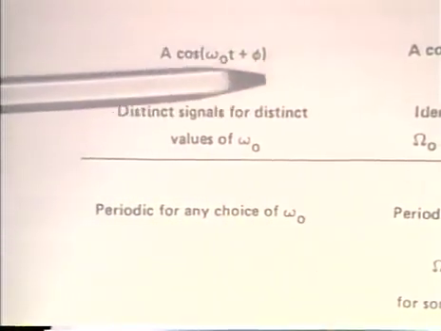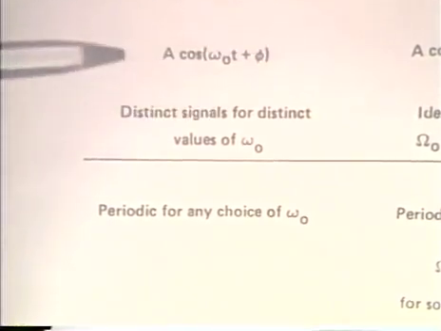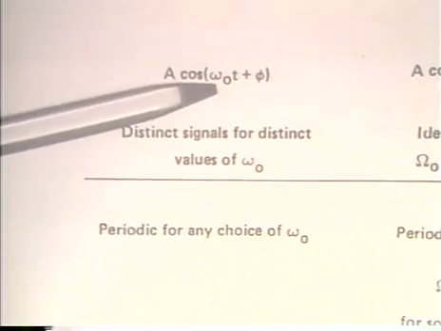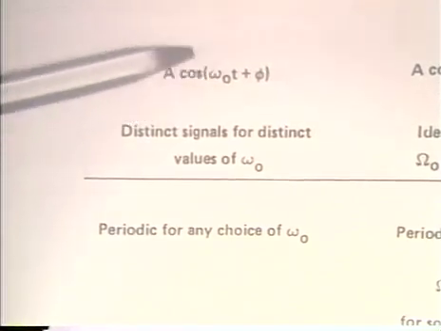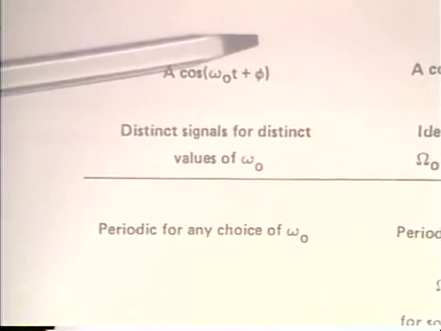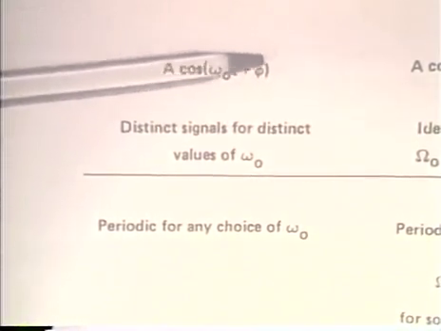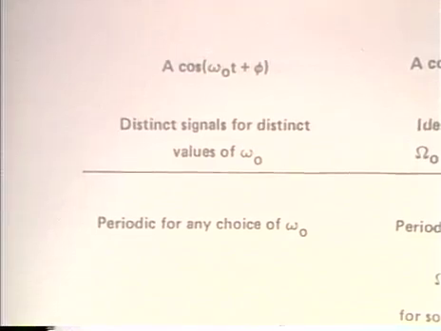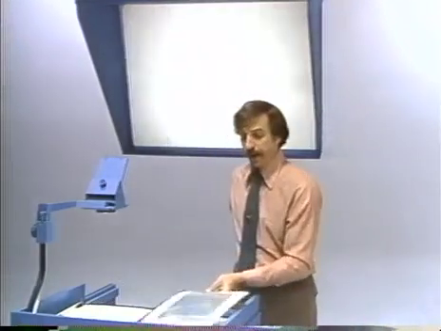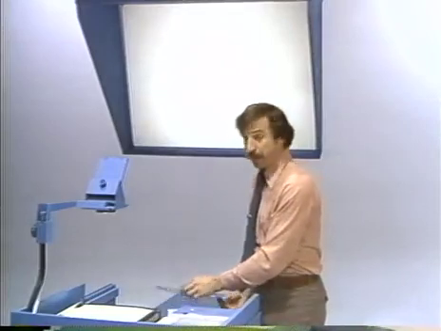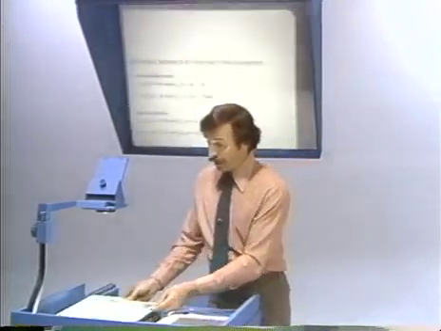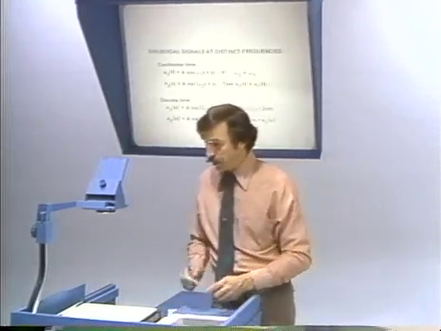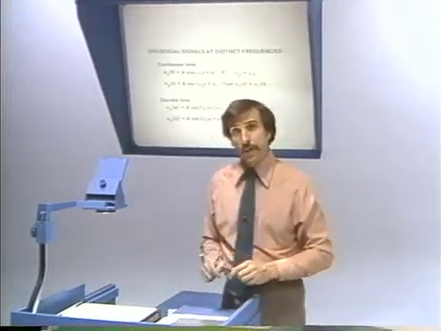In particular, if I consider these sinusoidal continuous time signals as I vary omega 0, I will always see different sinusoidal signals. Namely, these won't be equal. We can justify that statement algebraically, and I won't take the time to do it carefully, but let's look first at the discrete time case.